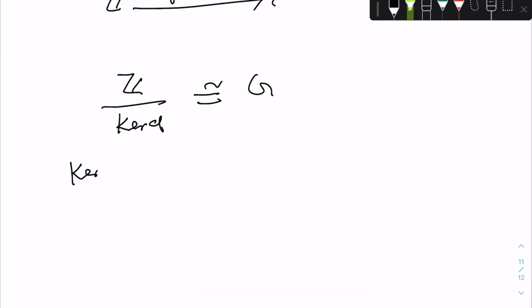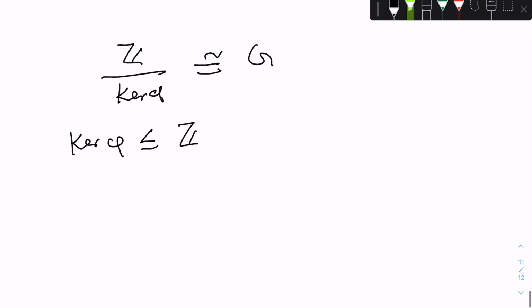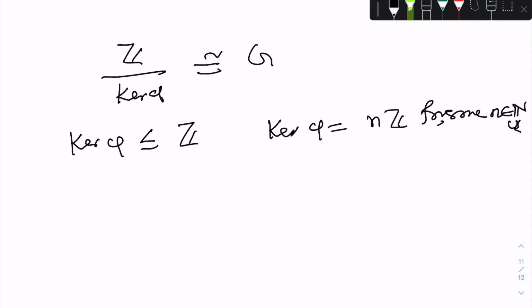And the kernel of phi is a subgroup of Z. And we know all the subgroups of Z look like nZ for some n belonging to natural numbers union 0. So that says that Z by nZ, I'm including the possibility of 0Z, is isomorphic to G.